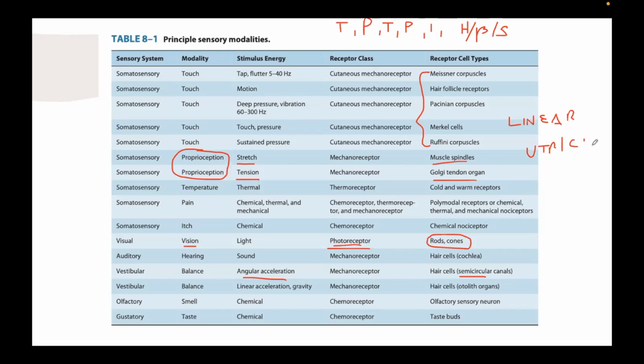What else? Fill in the blanks. The utricle and the saccule. Okay, the utricle and the saccule. Smell, of course, is the olfactory epithelium, and you're going to be talking about the relationship with cranial nerve number 1, or the olfactory nerve. Okay? So basically, this ends this module.